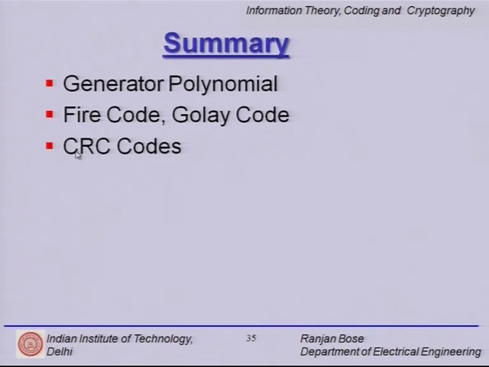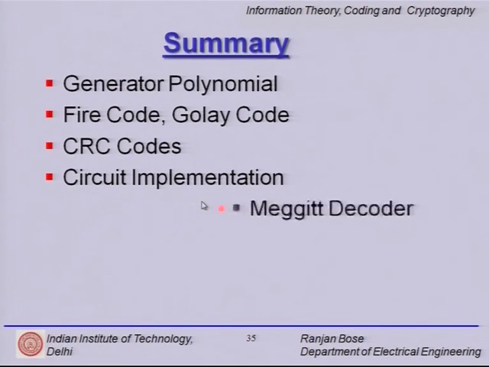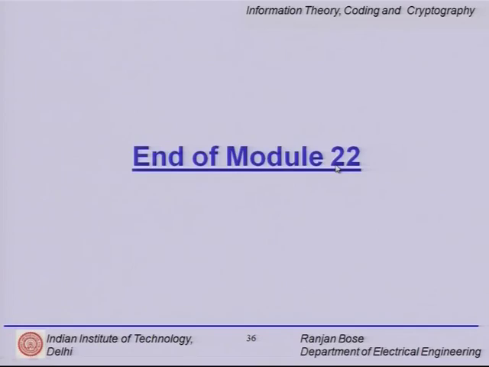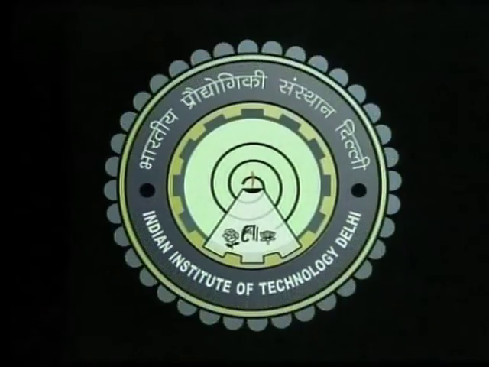Then we looked at cyclic redundancy check CRC codes, very efficient in detecting burst errors. And then finally, we looked at how to implement the cyclic codes using circuits. We also looked at the flow chart of the Meggitt decoder. With that, we come to an end of this lecture.